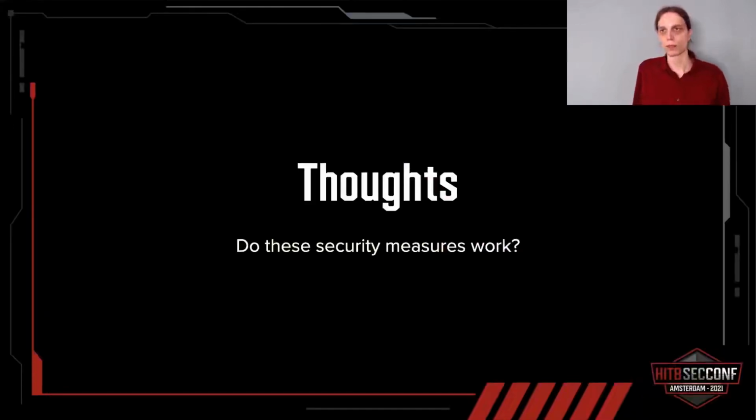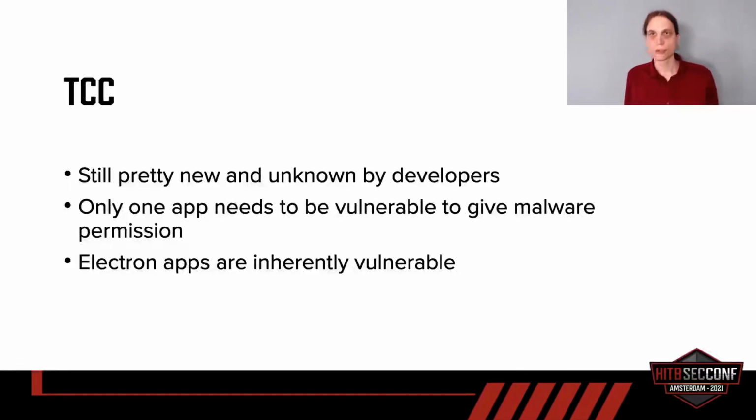So, some of our thoughts about these security measures. Do they actually work? First of all, TCC. TCC is still pretty new. It's not well known by developers. If you report a vulnerability related to TCC, then often you need to completely explain everything about it before they even realize that it is actually a vulnerability.